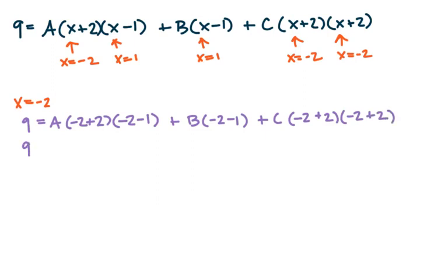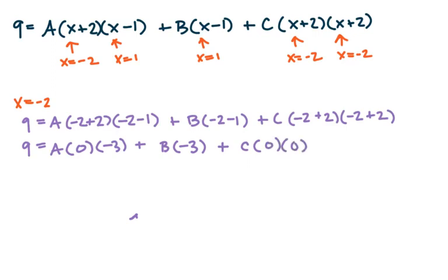So this gives me 9 equals a times 0 times -3, plus b times -3, plus c times 0 times 0. And of course, we know what happens when we multiply by 0. Terms go away.